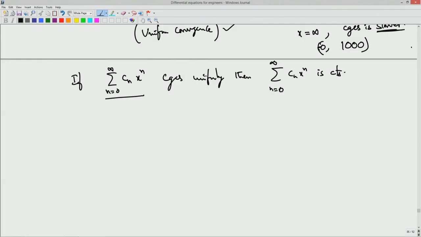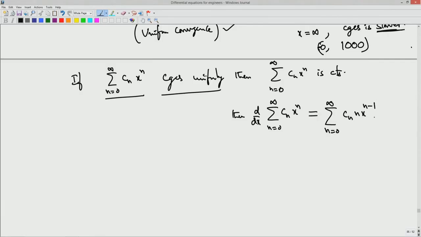And again, if this is uniform convergence, then the derivative of this series, n from 0 to infinity of Cn x power n, converges to some other series, with terms Cn times n times x power n minus 1. n equal to 0 does not make sense, so it should go from 1 to infinity.